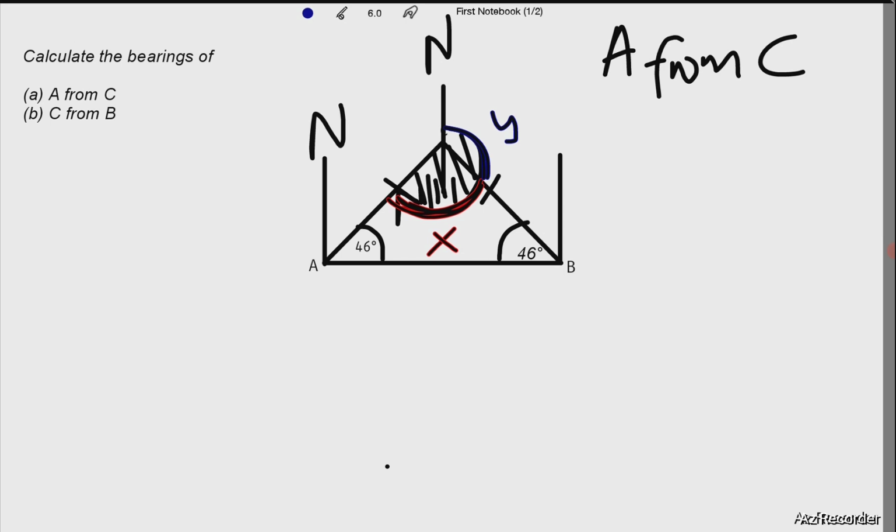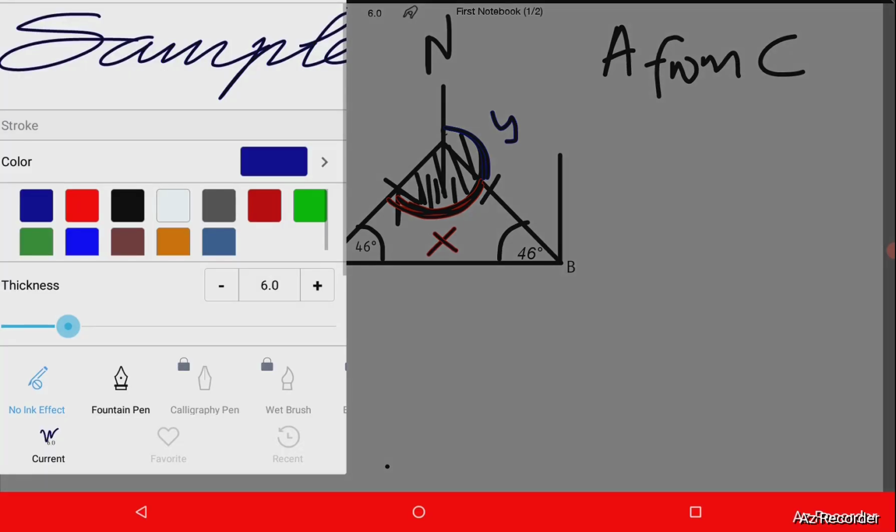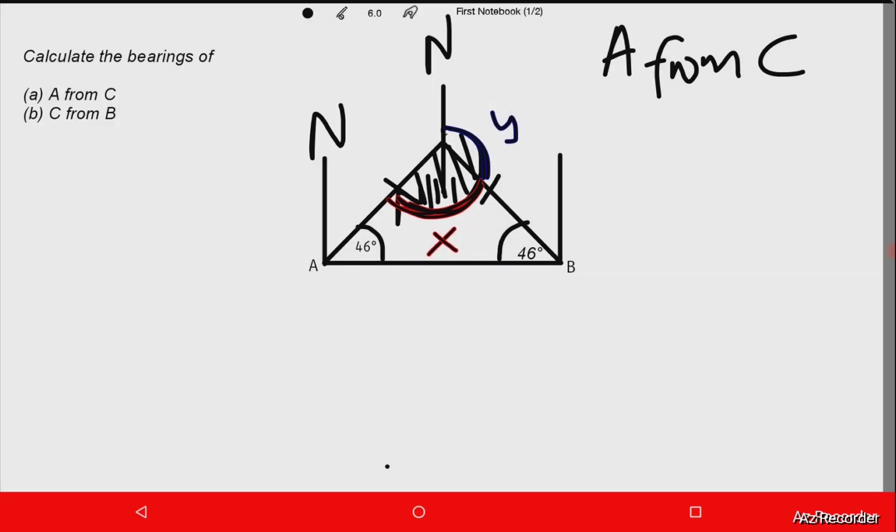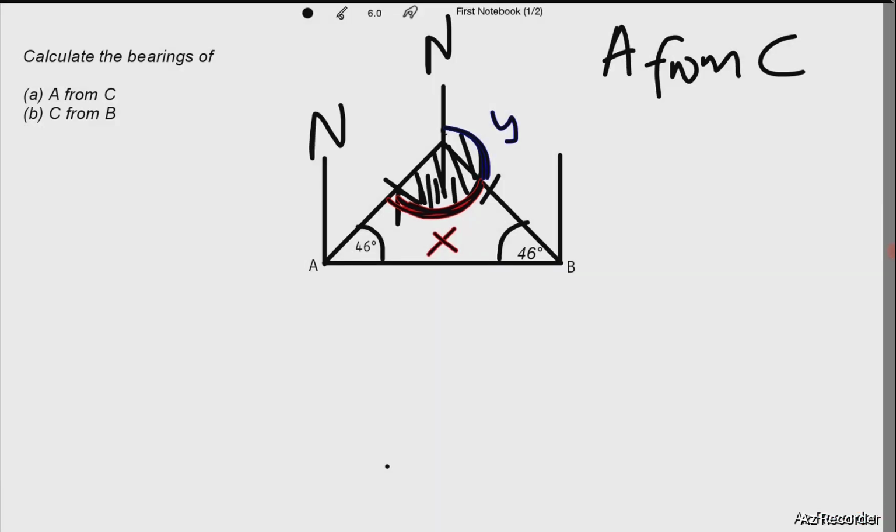Finding X is very simple, because in a triangle like this one, if we add the angles, the total should always be 180.